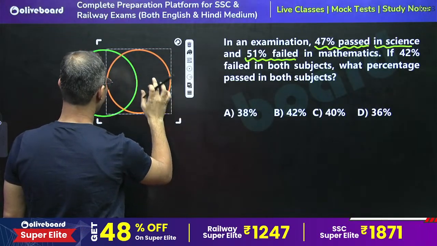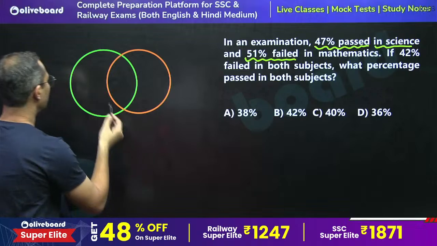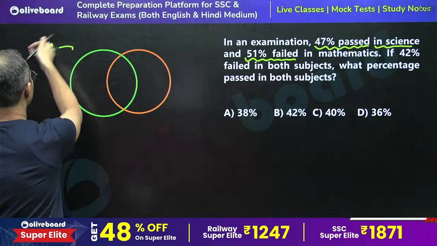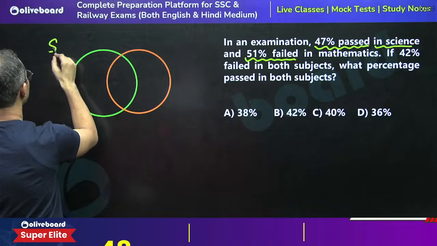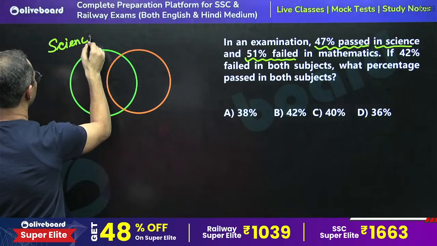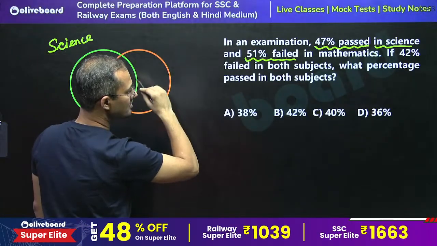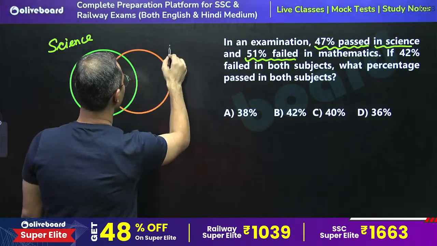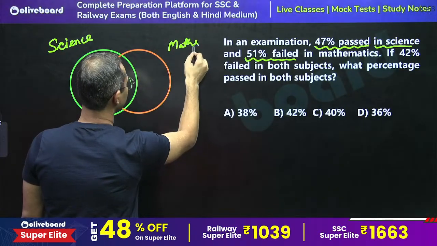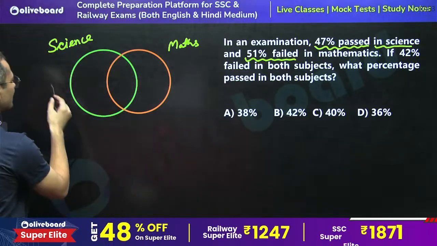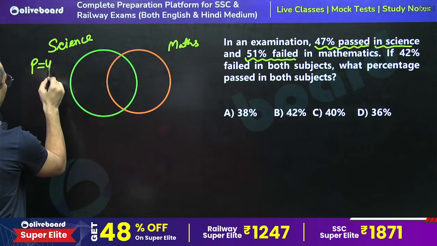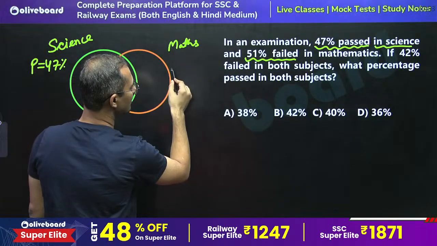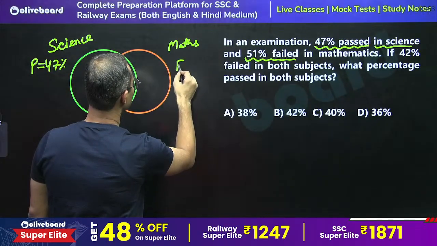The green circle is going to be for science and the saffron color is going to be for maths, right? In science total pass percentage is 47%, and in maths 51% failed. So fail how much?